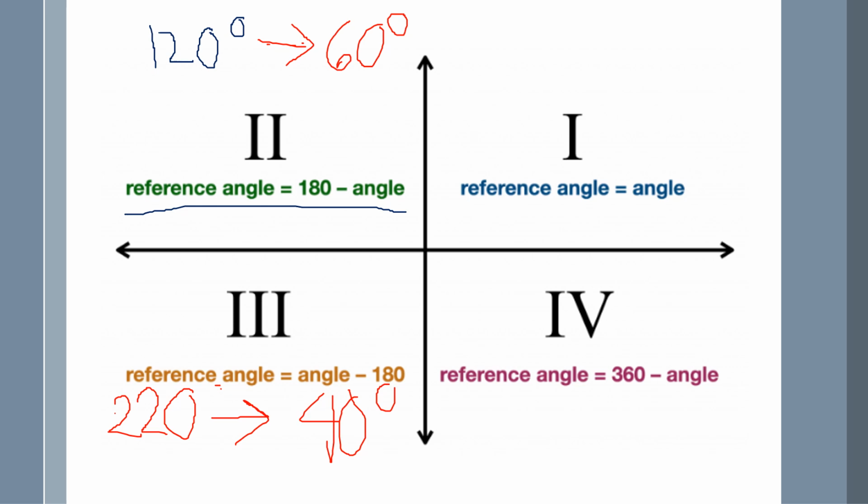If I was at 320, because it's in quadrant 4, I have to go 360 minus 320, and that's going to give me 40 degrees.